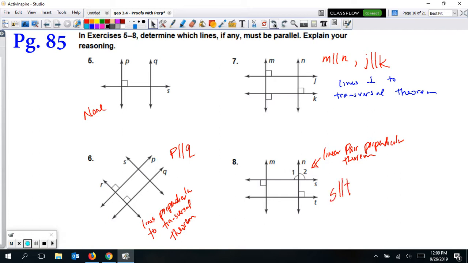So S is parallel to T, and M is parallel to N. And for the same reason as we had up here, lines perpendicular to the transversal theorem. All right, so that's concluding our lesson here for 3.4. You want to be able to go on to the assignment next, and I will see you back on lesson 3.5.